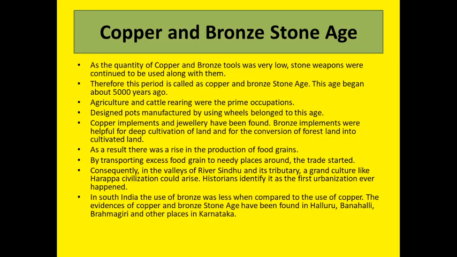Consequently, in the valleys of the river Sindhu and its tributaries, a grand culture like the Harappan civilization could arise. Historians identify it as the first urbanization ever to happen. In South India, the use of bronze was less when compared to the use of copper.